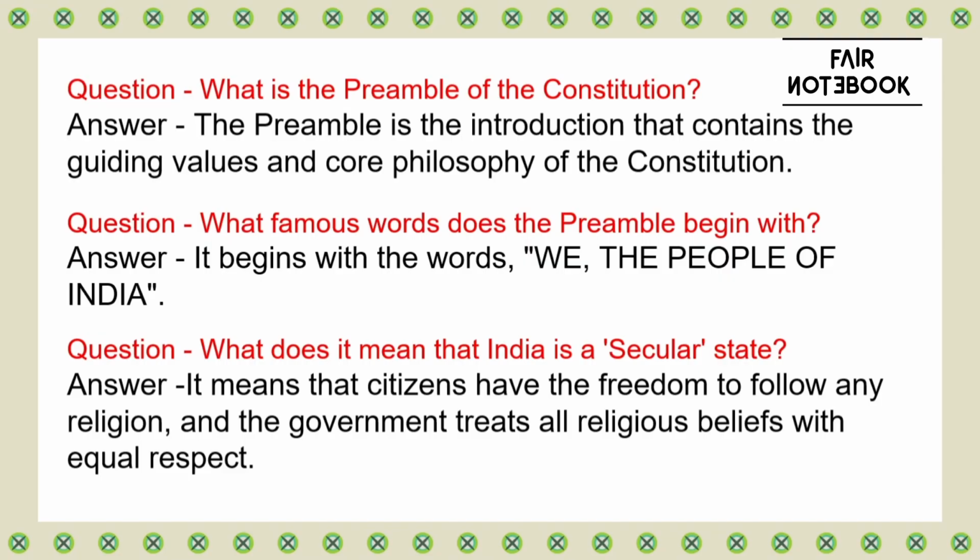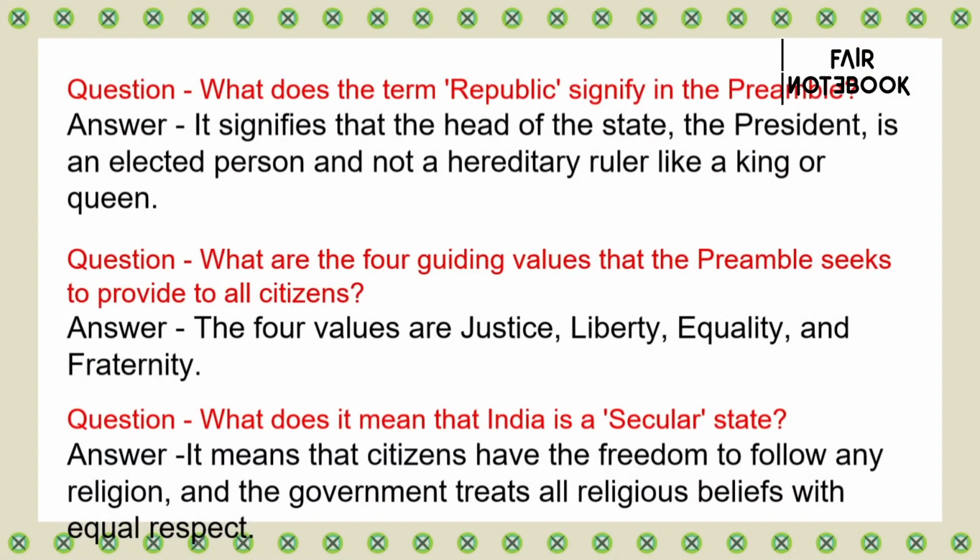Question: what does it mean that India is a secular state? Answer: it means that citizens have the freedom to follow any religion and the government treats all religious beliefs with equal respect. Question: what does the term republic signify in the preamble?